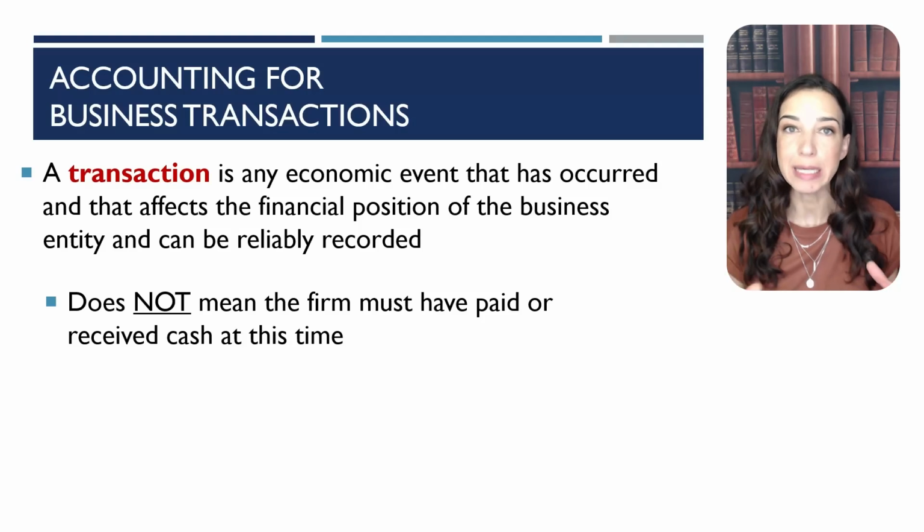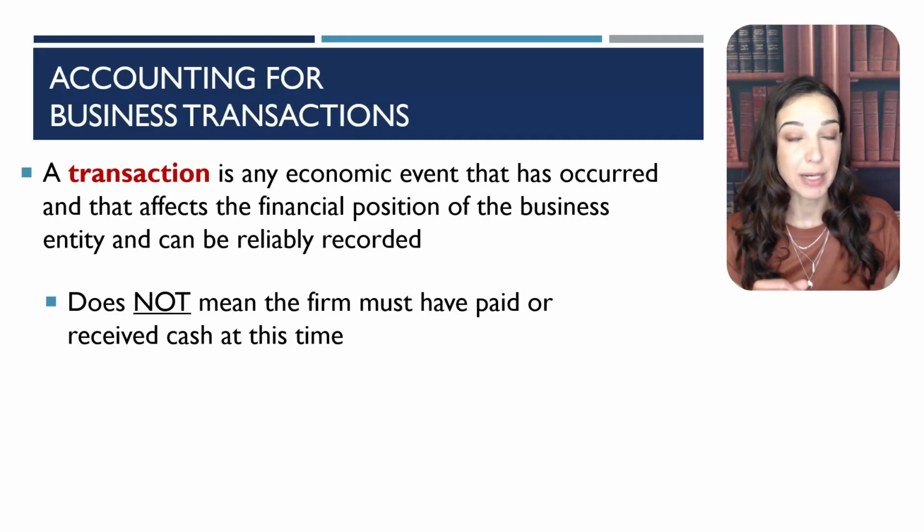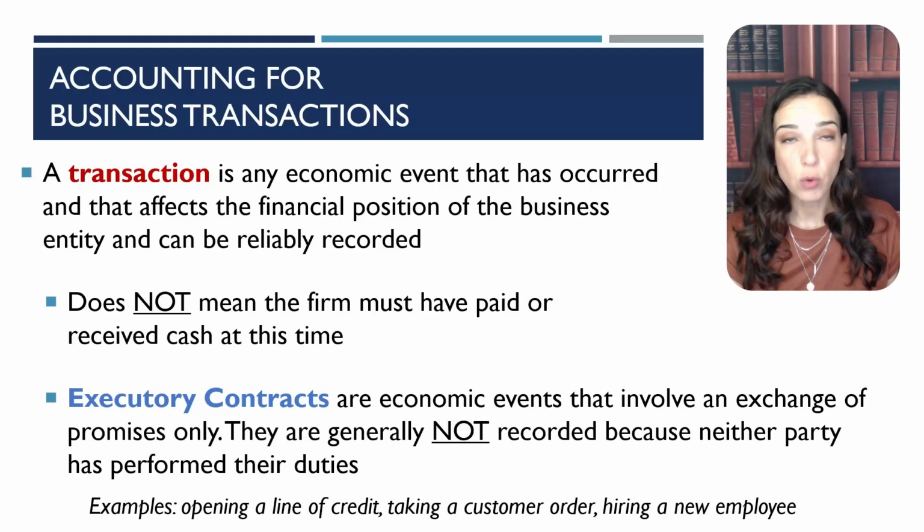A transaction does not mean that we have a cash event. We already talked about this in the introductory set of four videos, but our economic events do not always align with cash. Now, on the flip side, we also have events which are significant to a company. They may be material in the legal sense, they may be important, but they're not technically transactions because they haven't yet occurred.